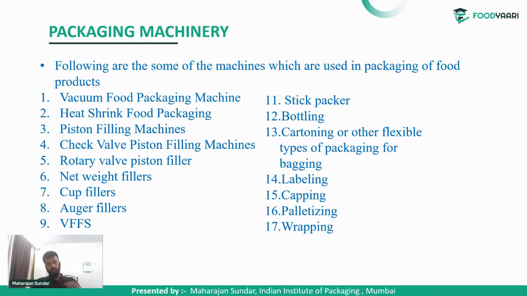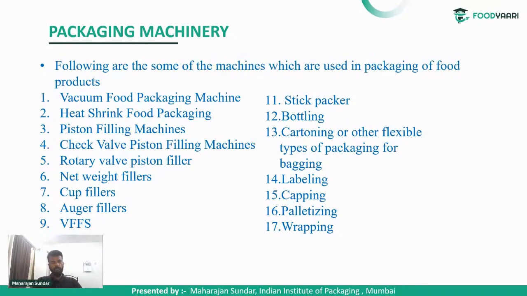Then gas flushing will be done, because even 1% of oxygen present will increase the oxidation. The oxidation will reduce the lifetime of the chips and makes the chips soggy. So N2 will be flushed inside, then it will be sealed. That is a vacuum packaging machine.